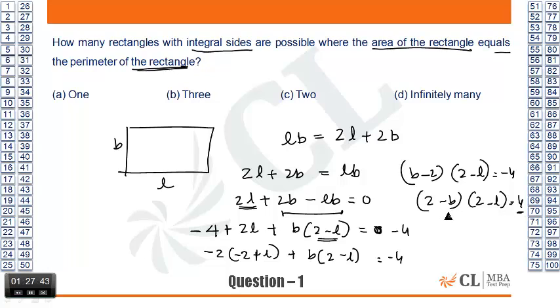So this is the number of ways in which 4 can be made into 2 factors: 1 into 4, 2 into 2, 4 into 1. 3, is it? But then 1 into 4 and 4 into 1 give the exact same values of length and breadth. So I think 2.